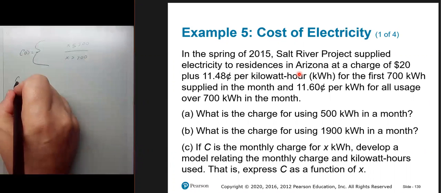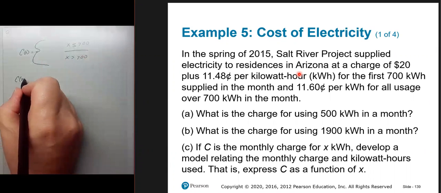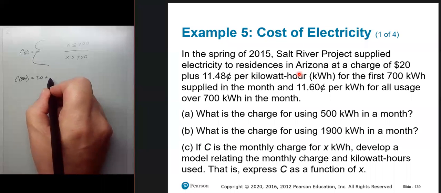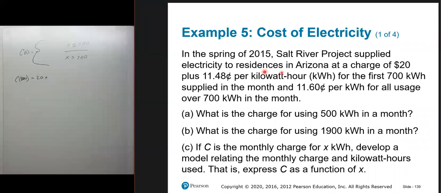Okay, so the cost of 500 kilowatt hours is going to be $20 plus, and I'm going to rewrite the 11.48 cents as dollars.